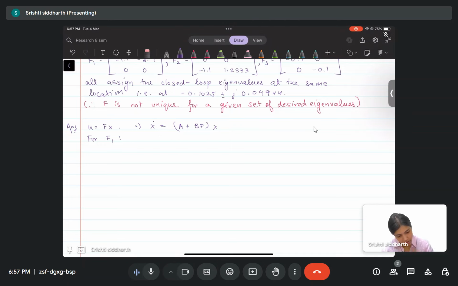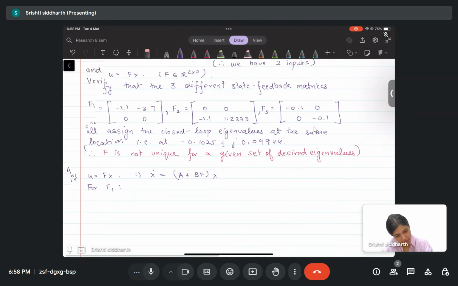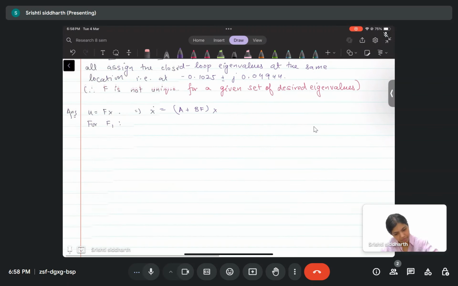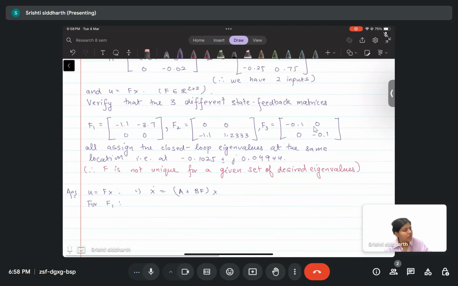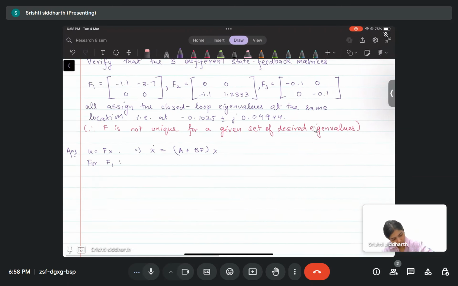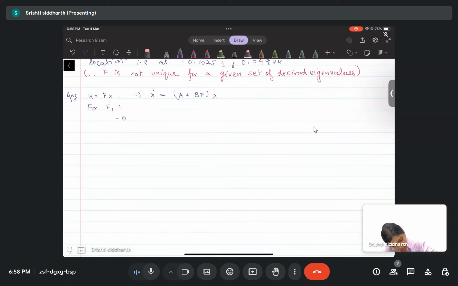So let's substitute the matrices in A plus BF. So A is the diagonal matrix -0.01, -0.02, 0, 0. B is 1, 1, -0.25, 0.75.